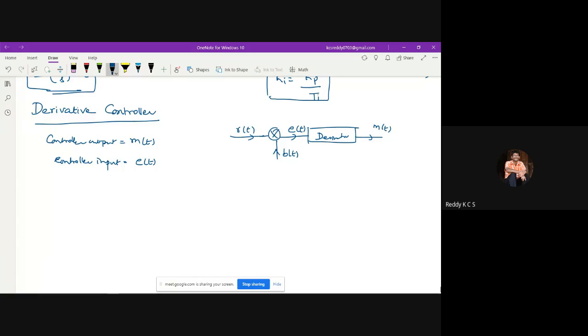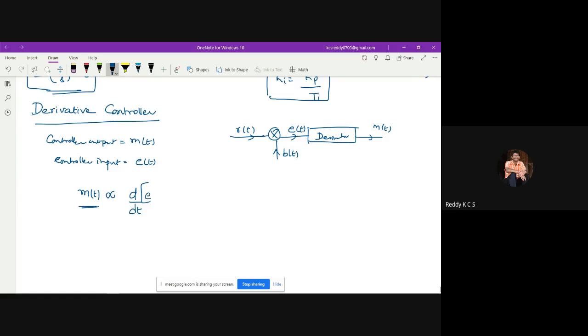According to the definition, the manipulated signal m of t is directly proportional to the time derivative, which is nothing but d by dt, of the input of the controller.